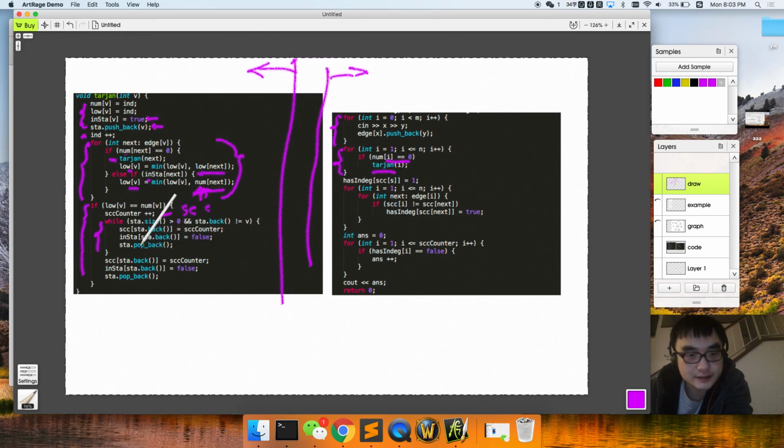So here is where we set the SCC for those nodes in the stack. And we need to pop out all of them until here. So that's all. That's how we calculate the SCCs in the graph.